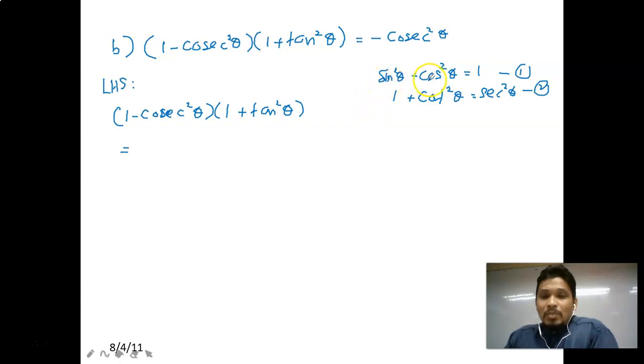And sine square plus cos square equal to 1, divided by cos square. So sine square over cos square is tangent square theta, plus cos square divided by cos square equal to 1, and 1 over cos square equal to secant square theta.